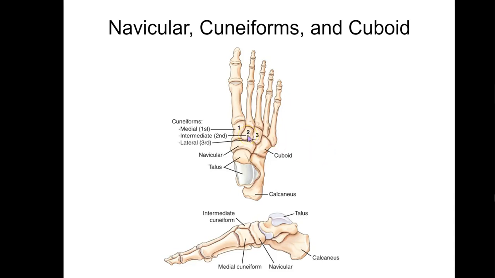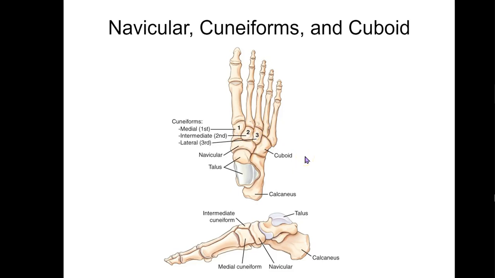The intermediate cuneiform articulates with 4 bones as well: the navicular, the second metatarsal, and the medial and lateral cuneiforms on each side. The lateral cuneiform articulates with 6 different bones: the navicular, the second, third, and fourth metatarsals distally, the intermediate cuneiform, and the cuboid. Okay.